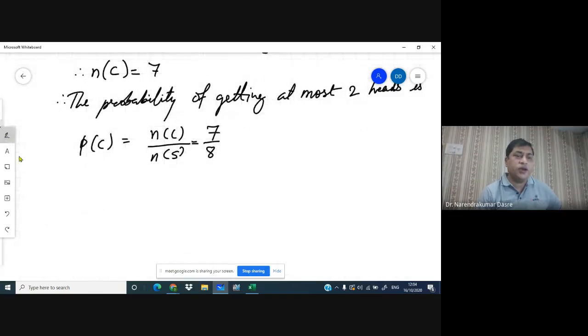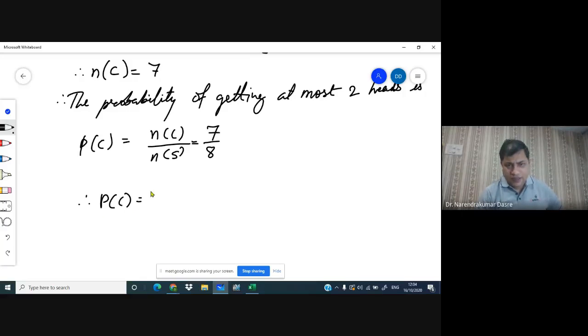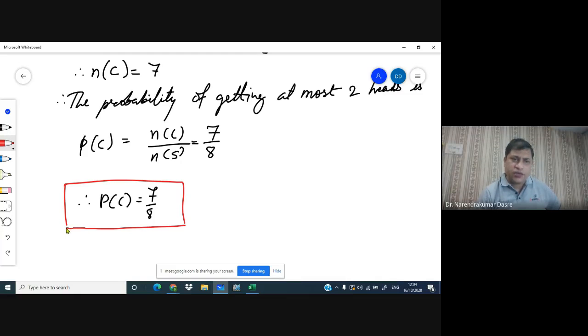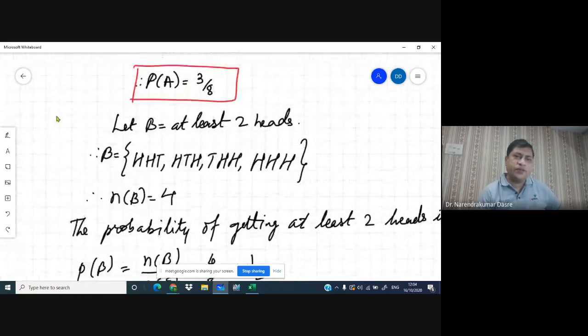We got that the probability of C is equal to 7 by 8. This way we are able to calculate the probability of the event when we have to get at most two heads. Now we need to see what is the next event.